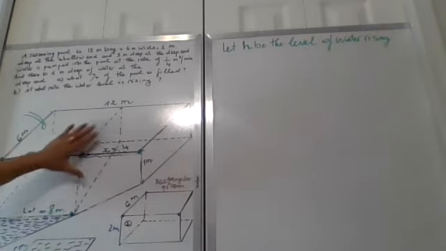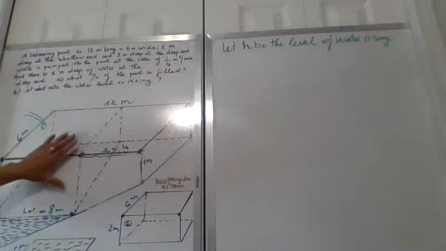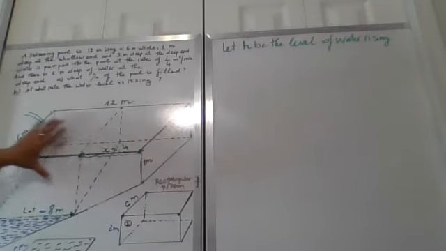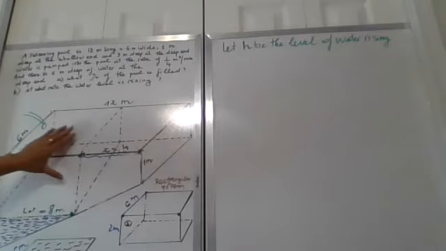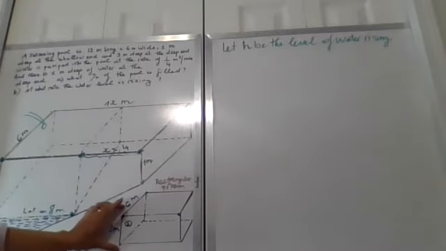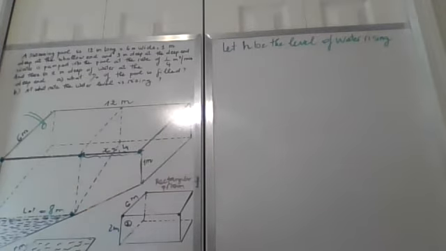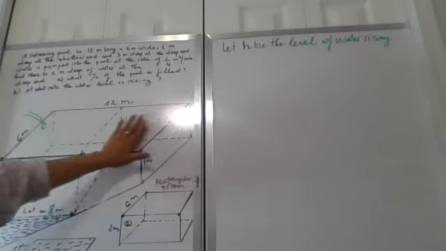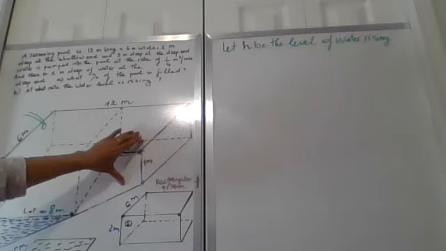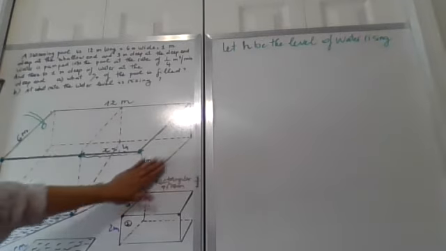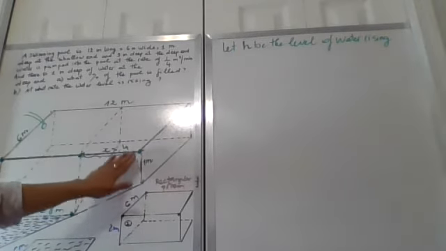But we still have to calculate the volume remaining of the big figure here. The big figure includes two figures: figure 2, a rectangular prism, added with figure 3, a trapezoidal prism. On the left is a rectangular prism, and on the right is a trapezoidal prism.